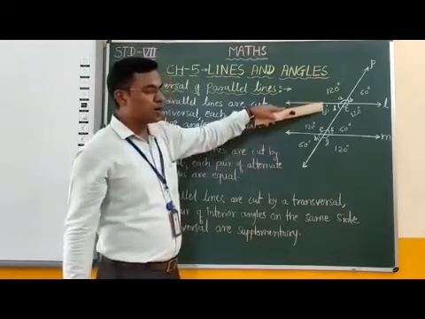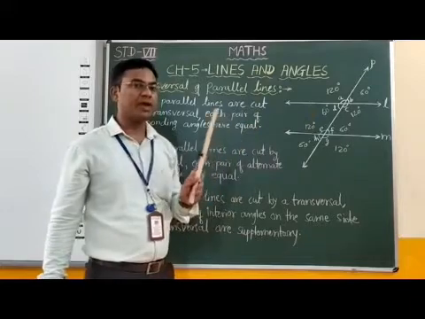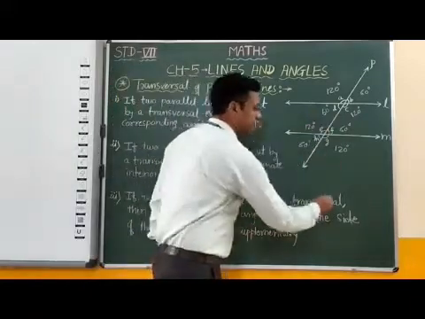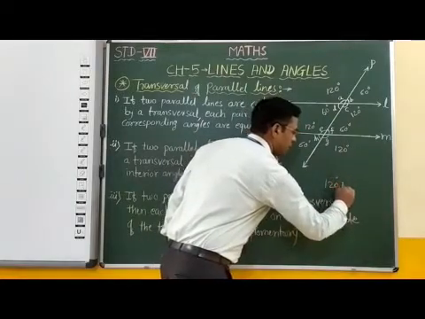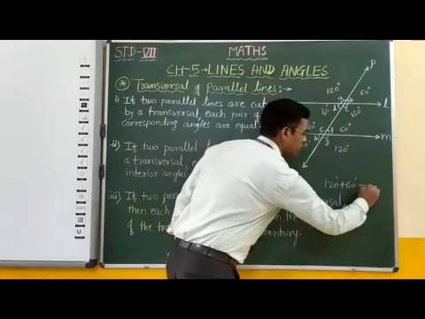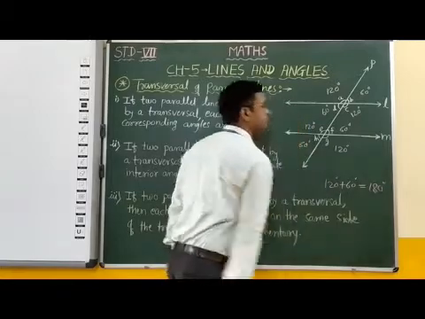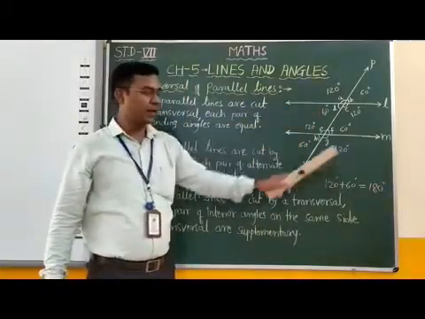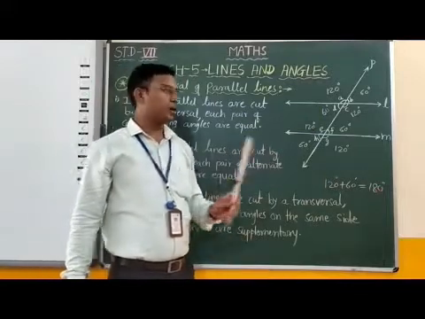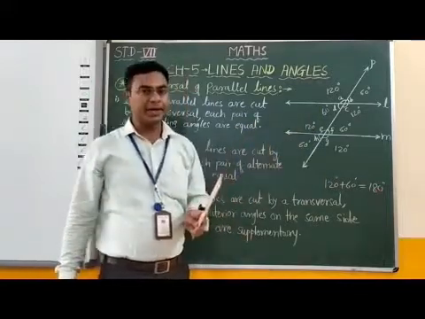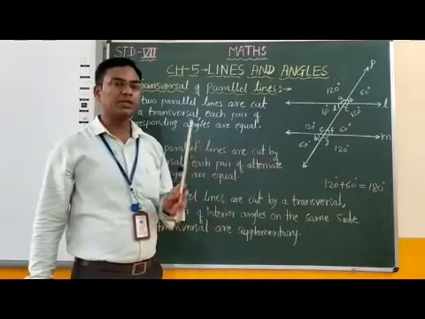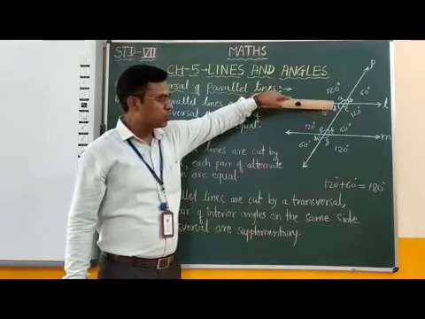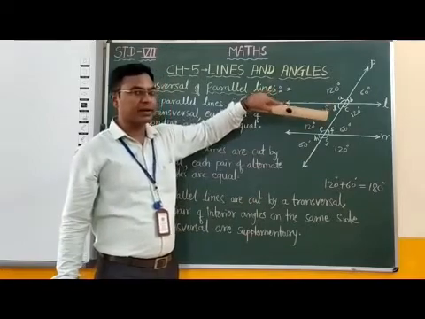These two angles are not equal, but if we add these two angles, 120 plus 60 is equal to 180 degrees. Therefore, the sum of these two angles is 180 degrees, and if the sum of two angles is 180 degrees, then these two angles are called supplementary angles. Therefore, we can say that these two angles are supplementary.